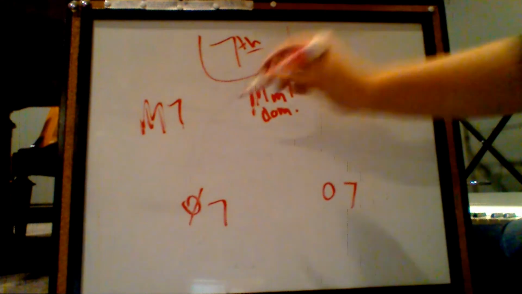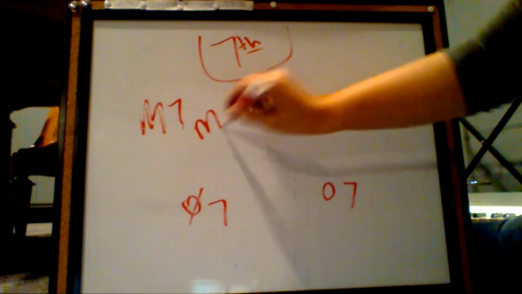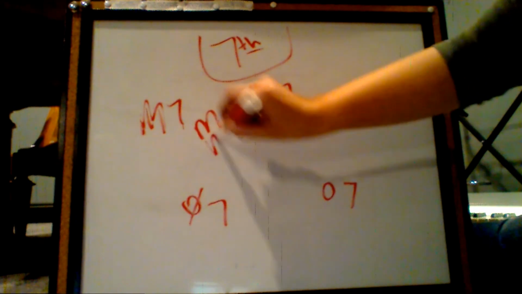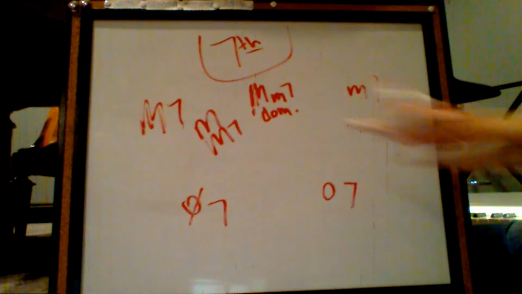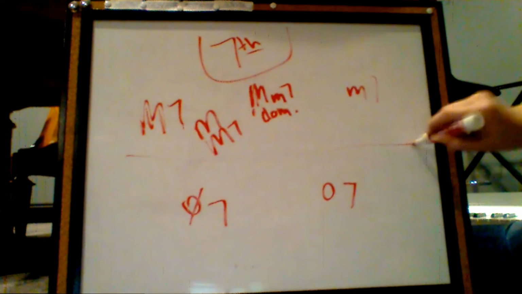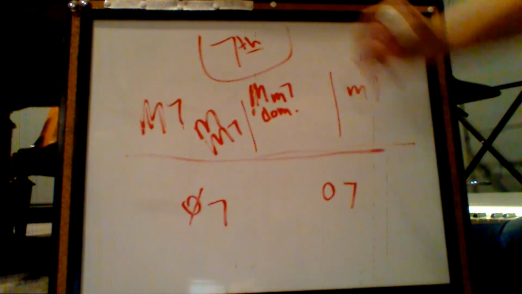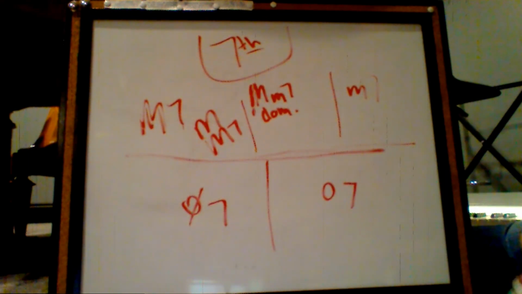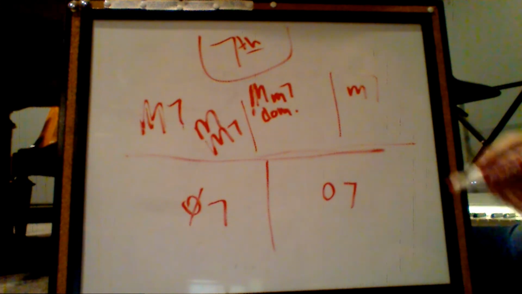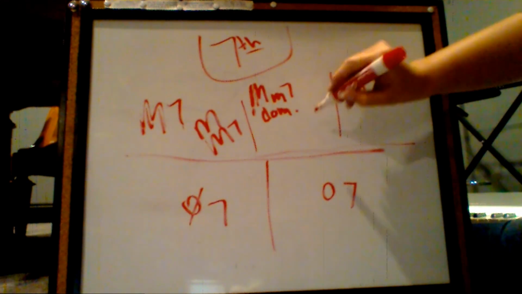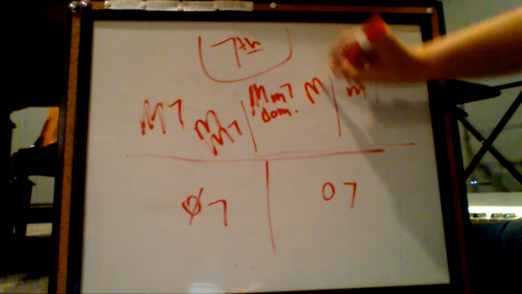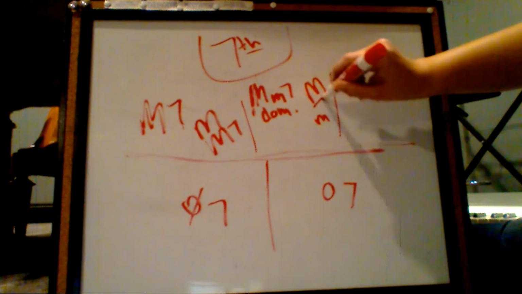Major seventh has a major triad with a major seventh. We'll do this like this. Make a little chart like we did last time. Okay. A major minor seventh or a dominant seventh has a major triad with a minor seventh.